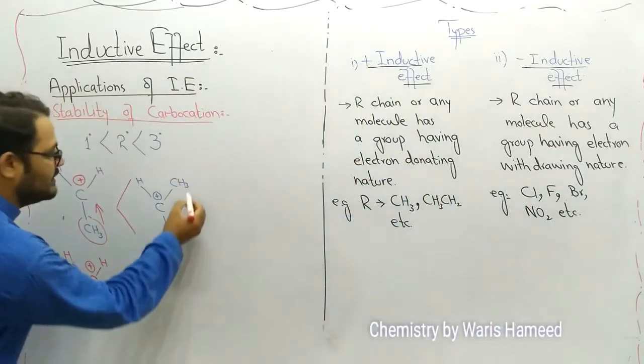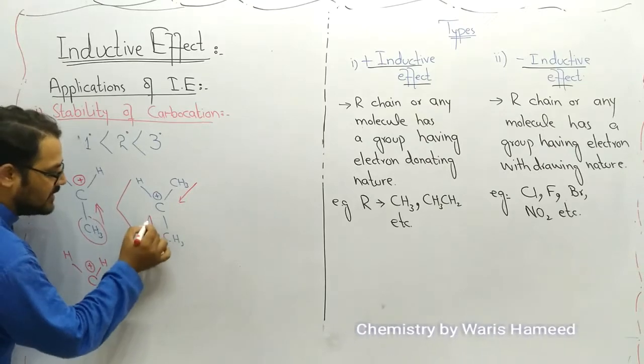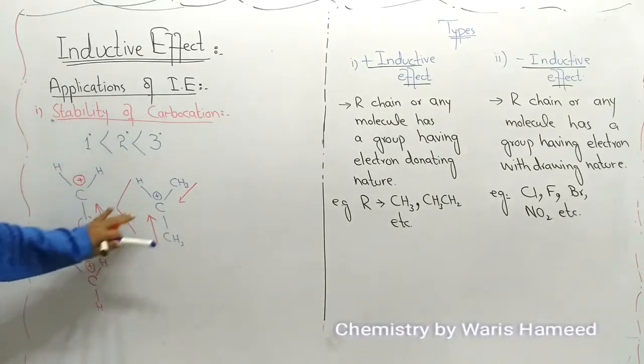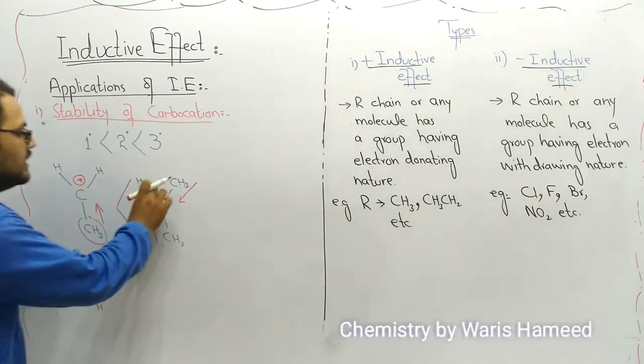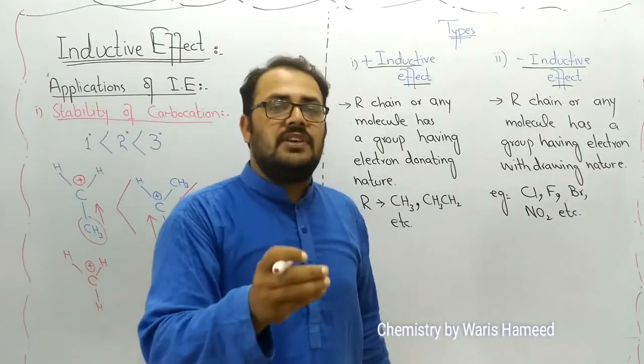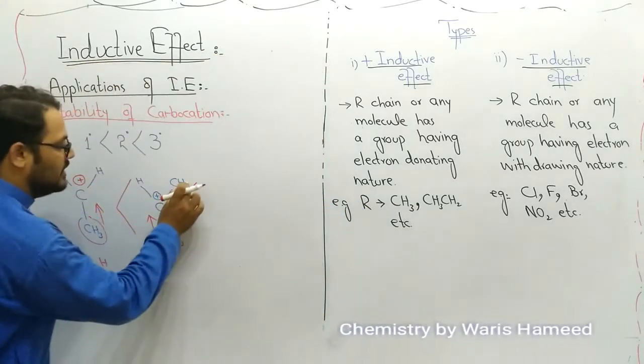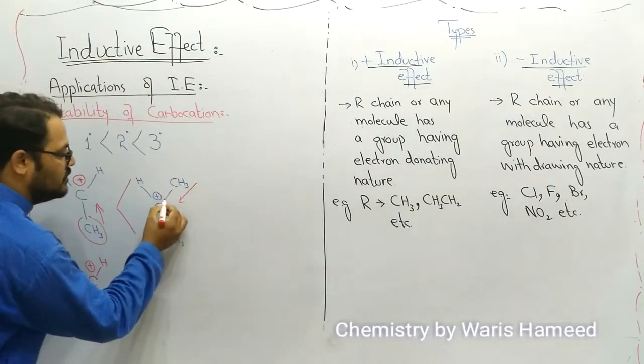We can draw it as electronic density being pushed toward this carbon, and this electronic density is being pushed toward this carbon. In this case, this carbon has positive charge, and that positive charge is almost minimum due to electron density in between these two carbons.